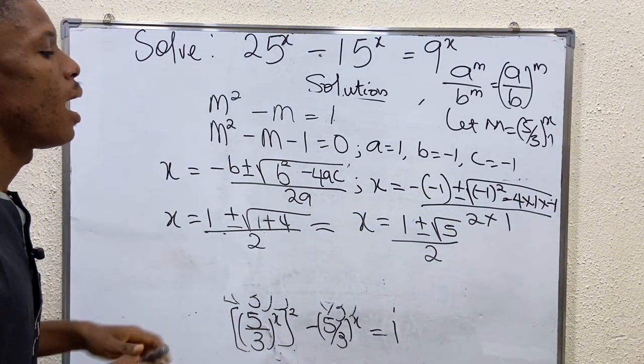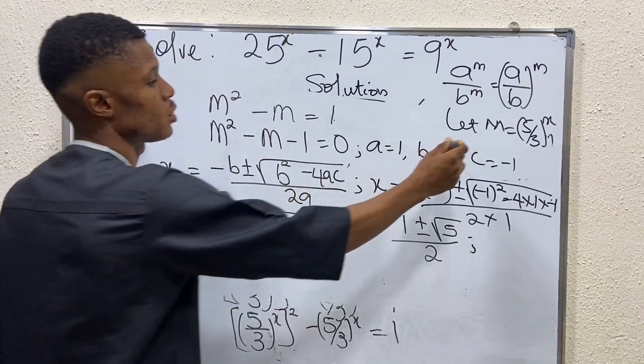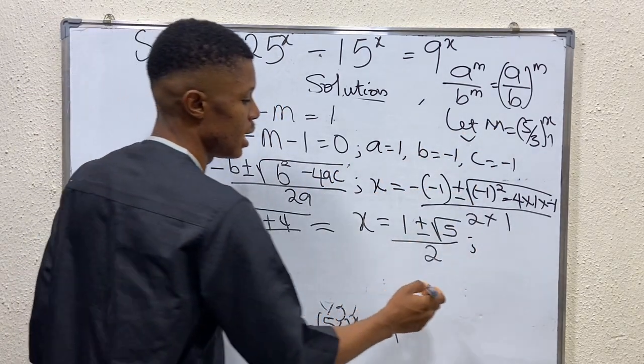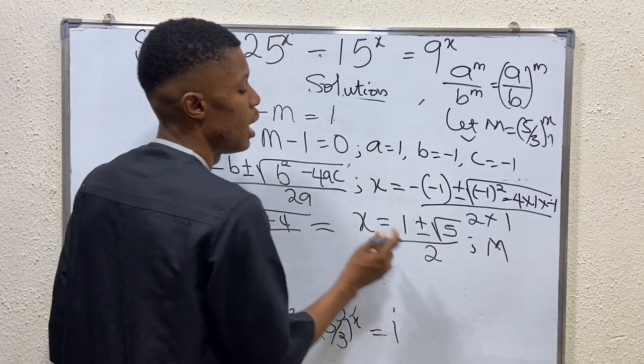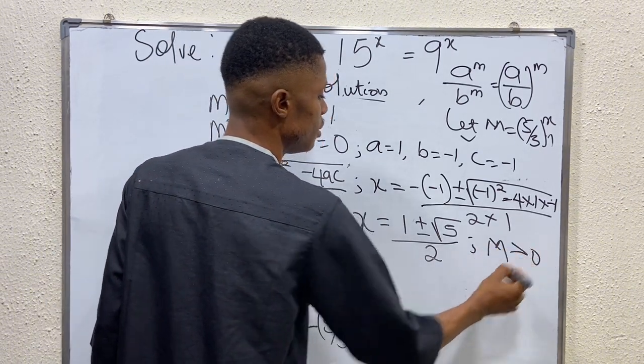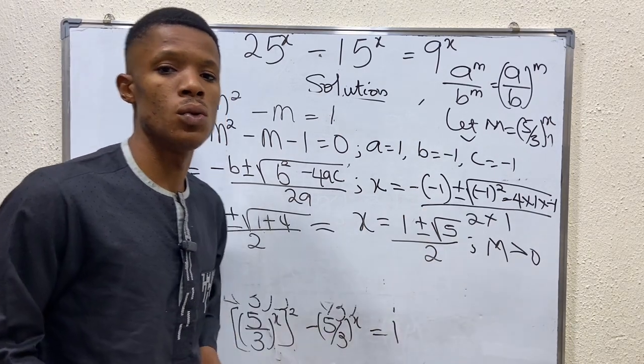But remember, our solution, the value of m, must be greater than 0. We don't have to get a negative solution.